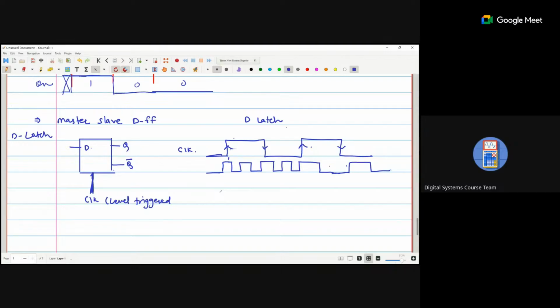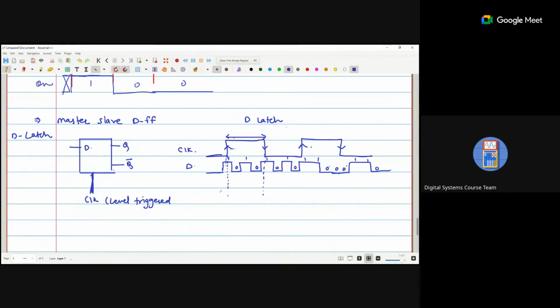Like for example, 101010101000011, this is my D data. Okay, if I apply that, what is going to happen is that if it is a latch, or we can say a positive latch, any changes when the clock pulse is at the positive level will be reflected in the output.